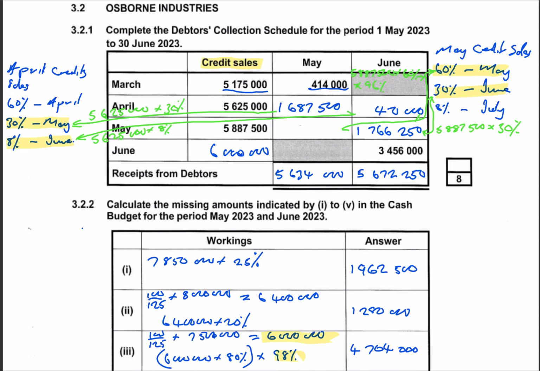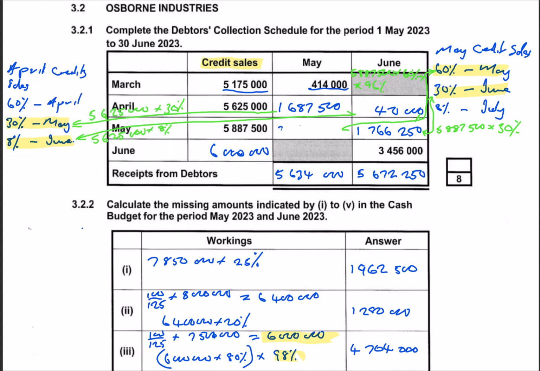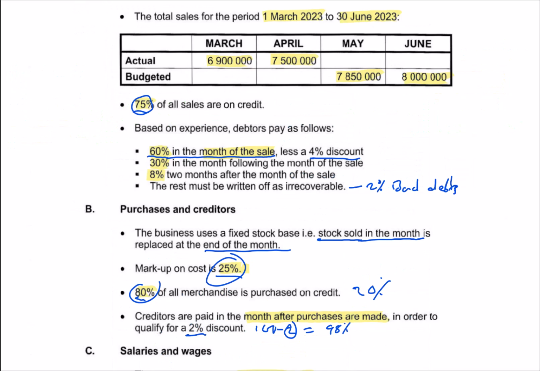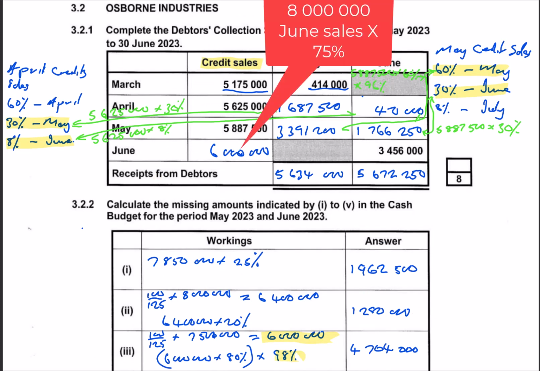That will give you 3,391,200. So that will be the answer, right? For that one, I just forgot the 4% discount, right? That's what I'd forgotten, right? It happens, right? I didn't highlight it, so it's always good to highlight all the figures that you need to use. Thank you so much if you watched to the end.